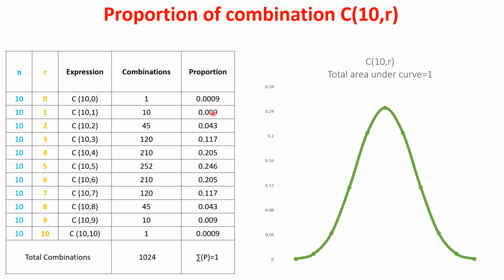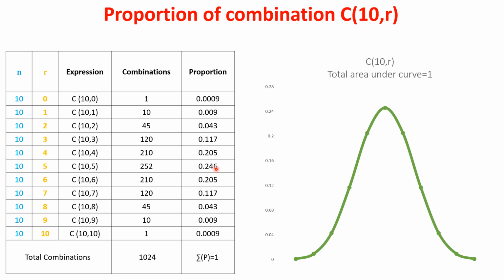Now try to understand proportion is nothing but the probability. First thing. Now, what is the meaning of this probability or how to interpret? Now, probability of getting selected individual job in this particular combination of five, for example. So, what is the probability of getting selected individual job in the five is 24.6%.